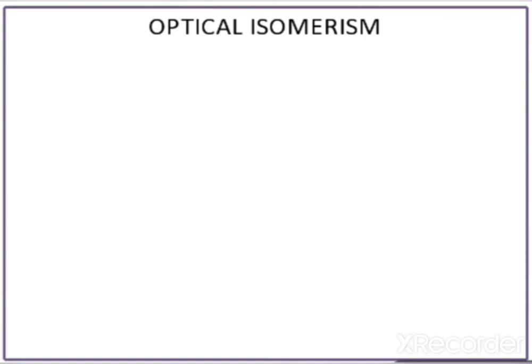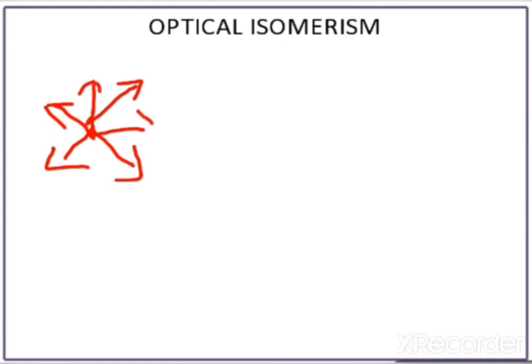Optical isomerism means, first let me tell you what plane polarized light is. Normal sunlight has vibrations in all directions. This is normal light.